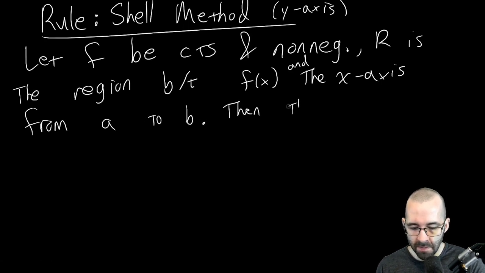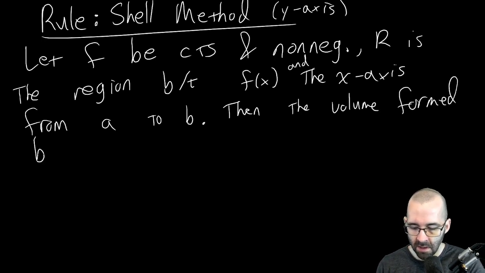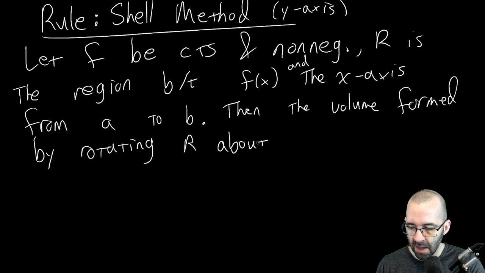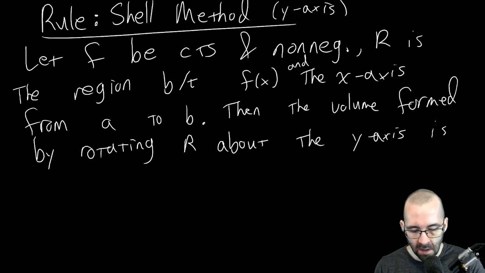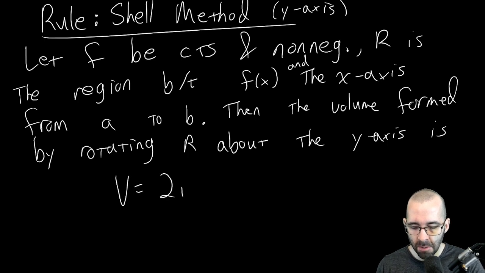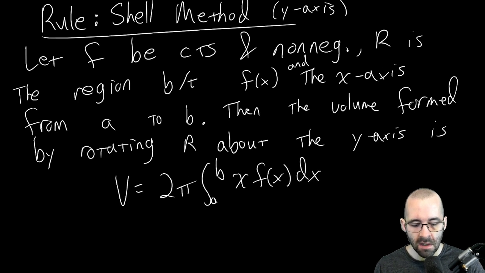Then the volume formed by rotating R about the y-axis is V equals 2 pi times the integral from a to b, just what we wrote on the other one, of x f of x dx.